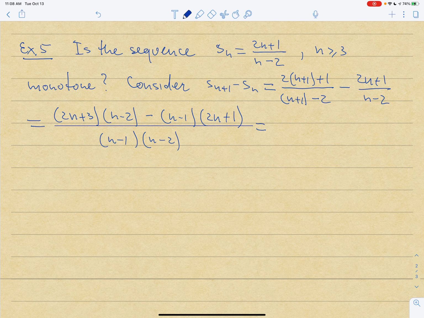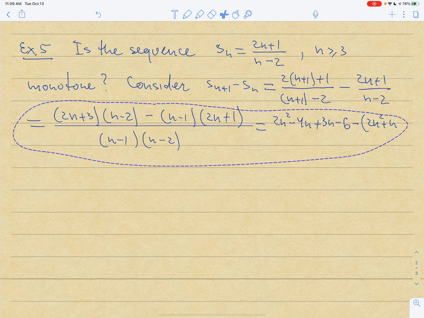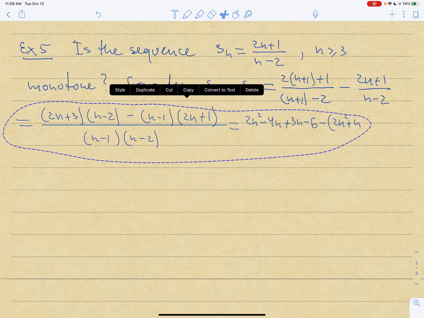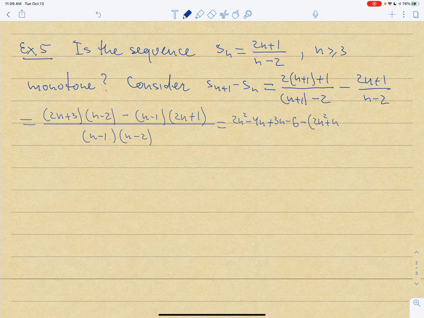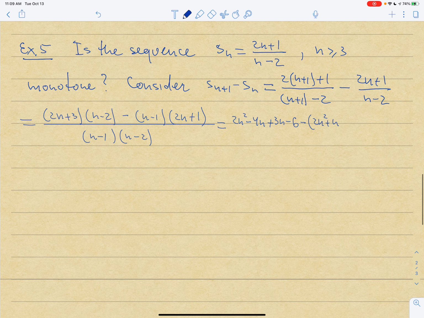Distribute, factor out things on the top. 2n² - 4n + 3n - 6, minus (2n² + n - 2n - 1), over the same denominator, (n-1)(n-2).